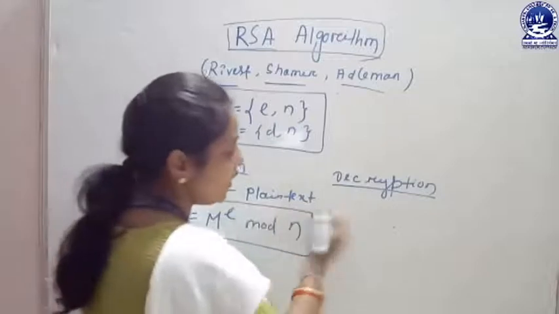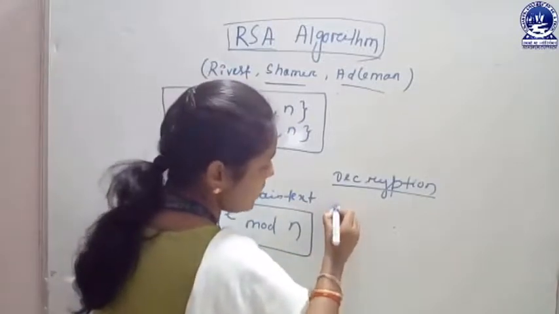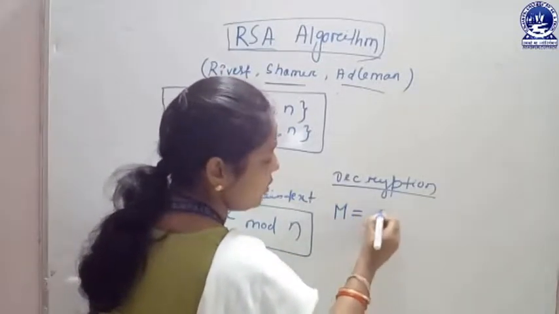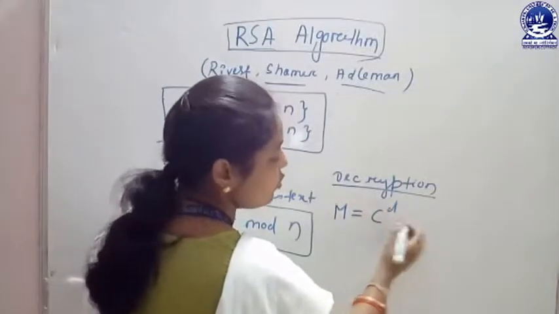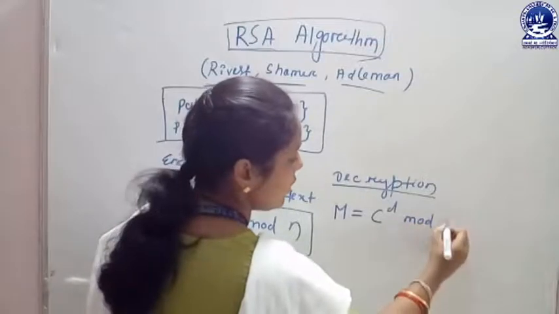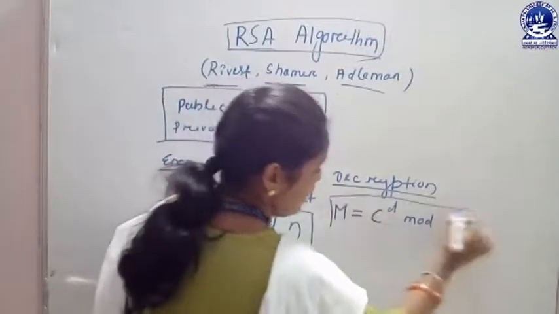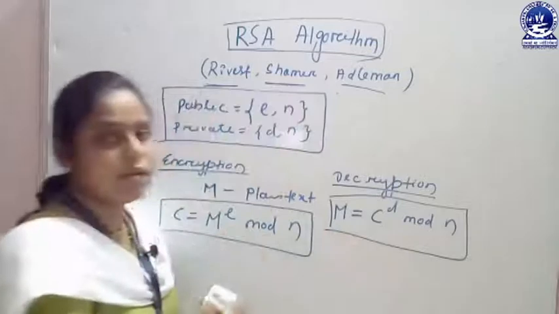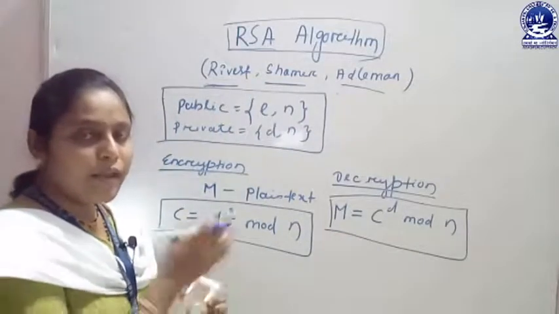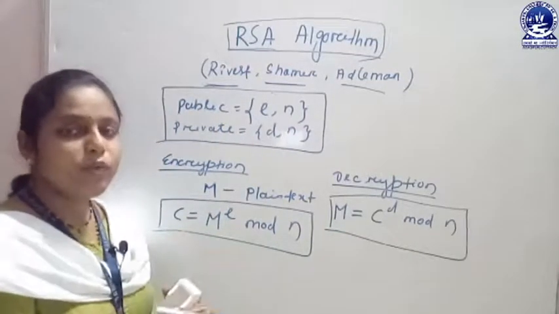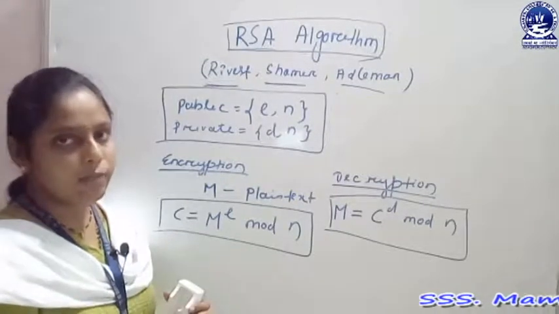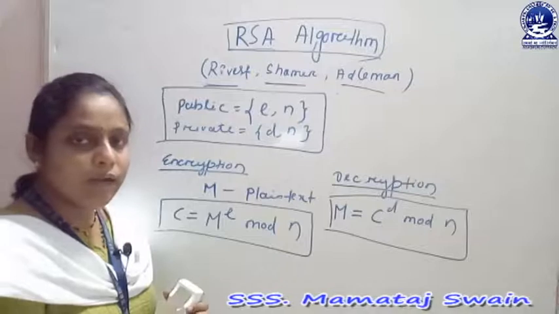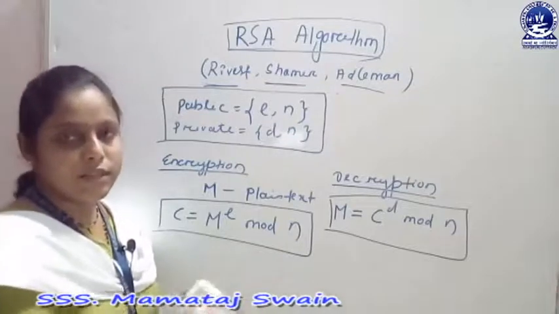That means here our plain text M is equal to C, which is our ciphertext, C to the power D mod N. This is our decryption algorithm. That means in the RSA algorithm we first generate our key pair, that is our public key and private key. After that we encrypt and decrypt the message.